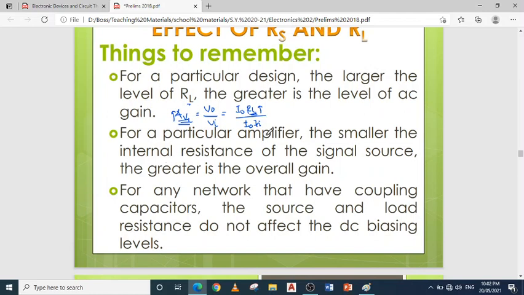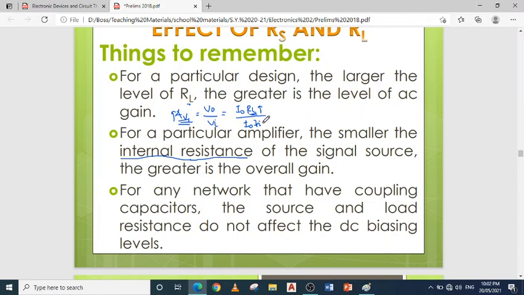Okay? Ganun din dito sa pangalawa. For a particular amplifier, the smaller the internal resistance of the signal source, the greater the overall gain. Okay? So, dito naman, since internal resistance or the RS, so let's say that is the RS, okay?